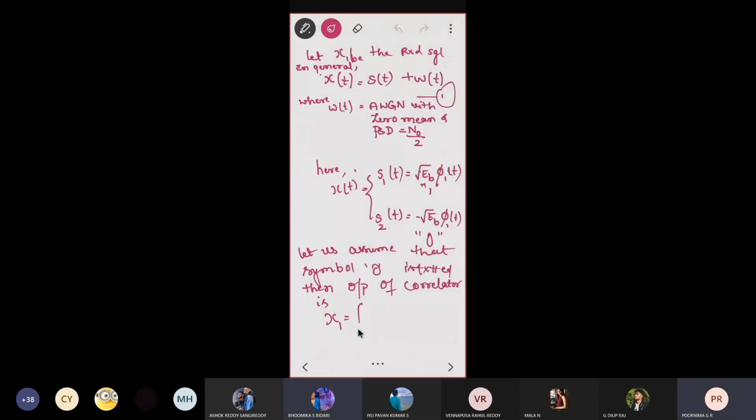Now, how can I write this x1? Integration from 0 to T, x of t into phi 1 of t. In general, we have this expression, right? In general, x1 is like this.